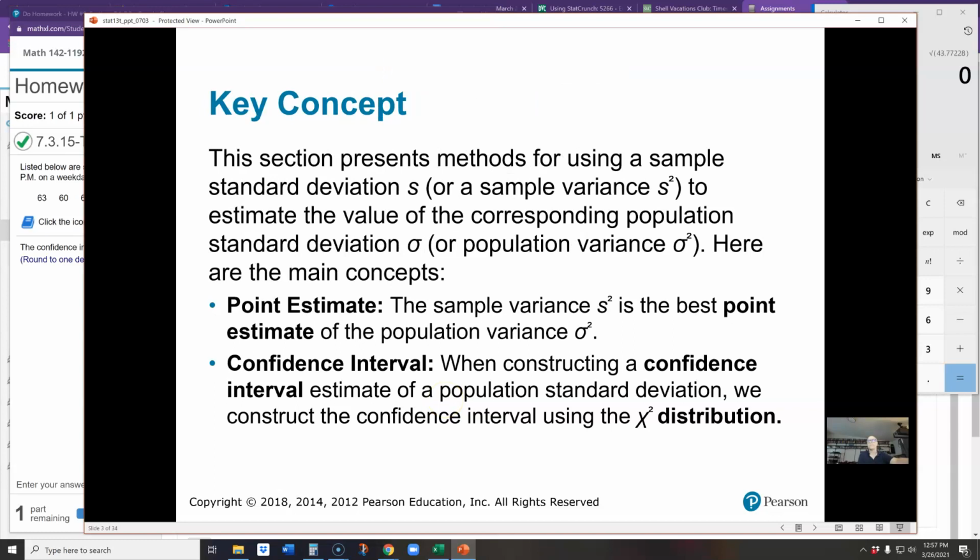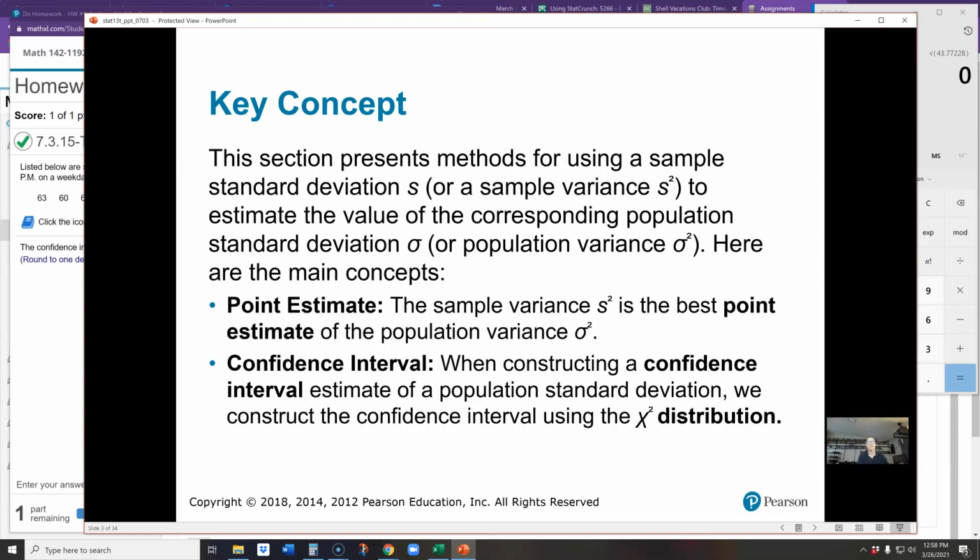All right, so key concept. This section presents methods for using a sample standard deviation, which is the S symbol, or sample variance if you were to square that, to estimate the value of the corresponding population standard deviation, sigma, or sigma squared if you're talking about the variance.